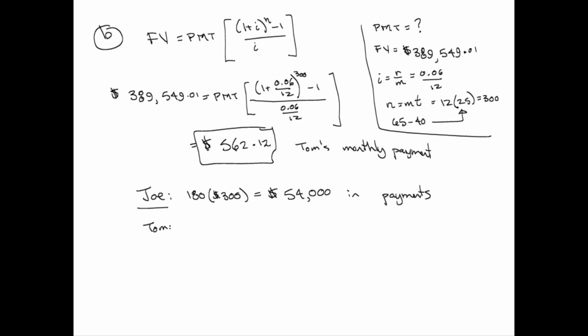Tom made 300 payments at $562.12 each, for a total of $168,636 in payments. So at least he got started saving for retirement, but my advice based on this, and I hope you'll agree, is to start early.